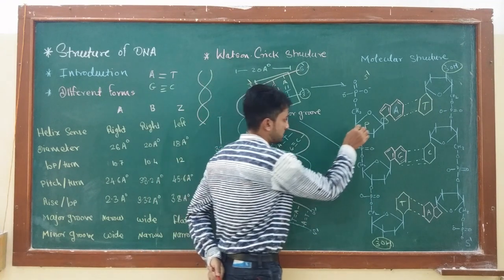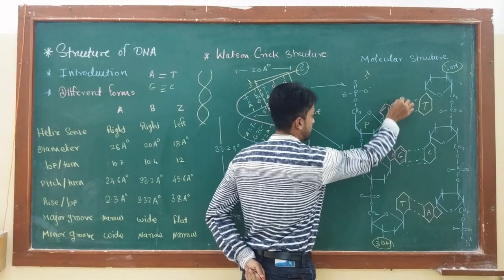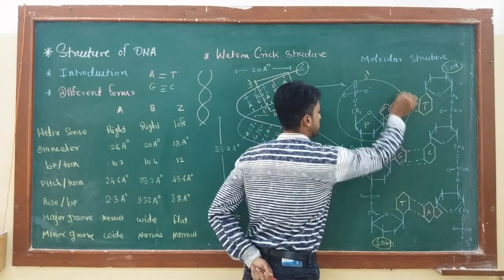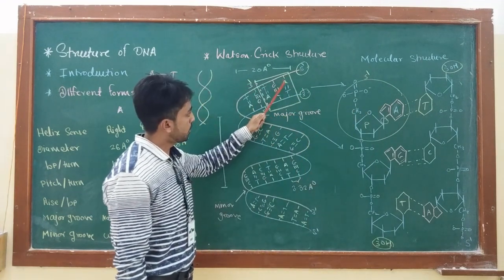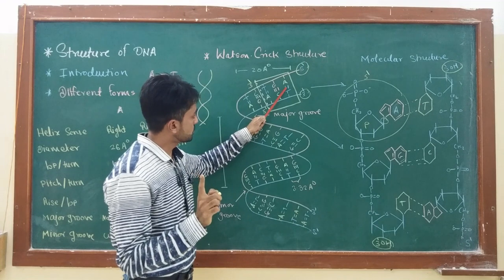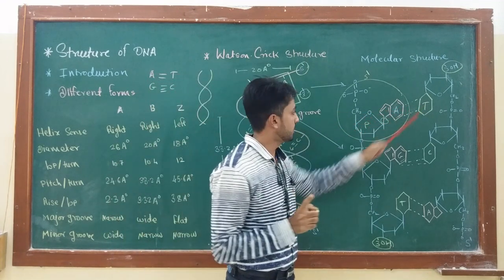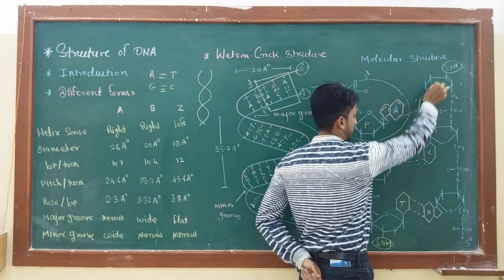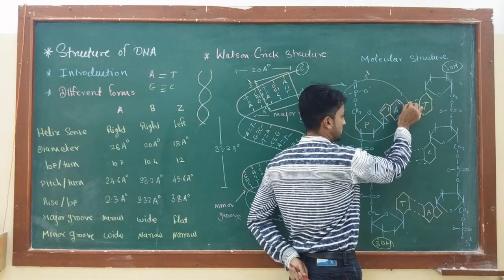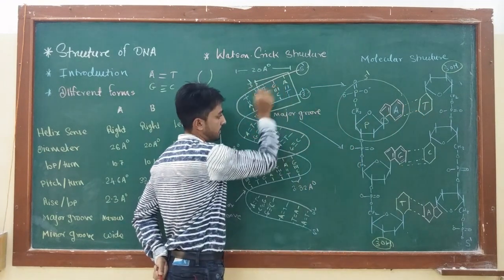So this phosphate plus pentose sugar plus adenine is nothing but the single nucleotide. Now this adenine forms 2 hydrogen bonds with the opposite thymine nucleotide. Here you can see thymine, which is attached to the pentose sugar, and in between adenine and thymine 2 hydrogen bonds are present.